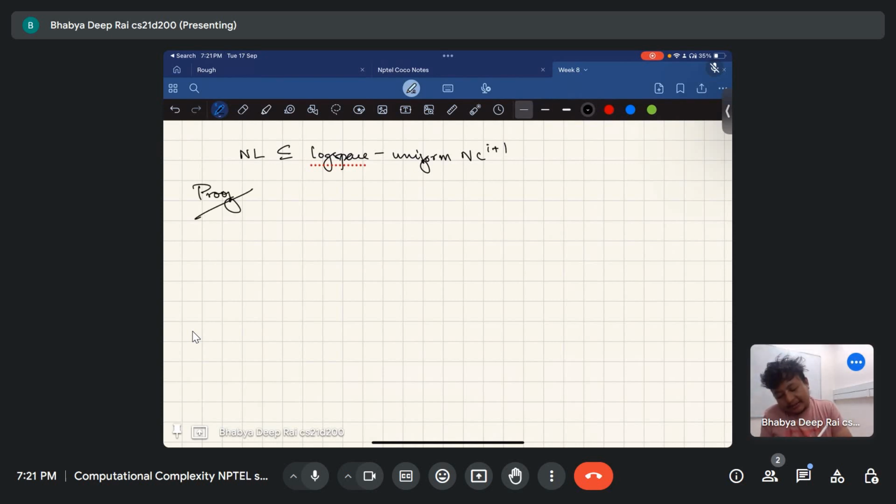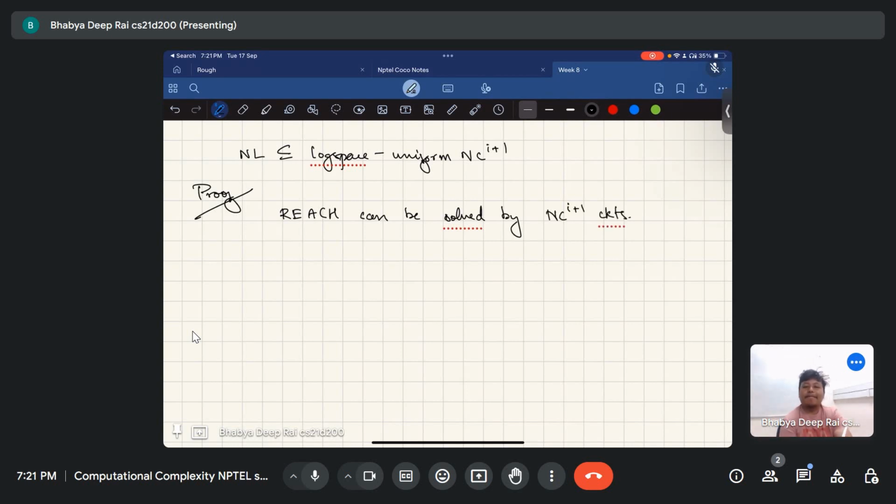This is possible because here's the claim: reachability on graphs can be solved by NC^(i+1) circuits.